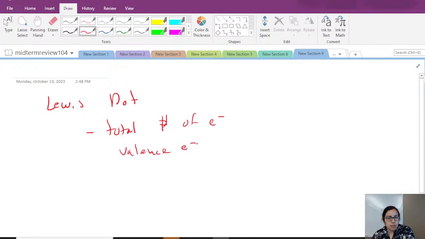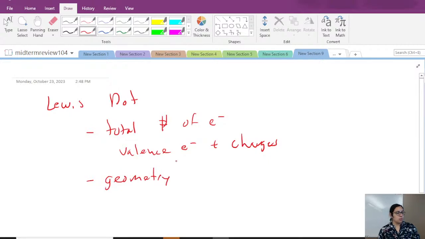Draw that out, making sure your structure shows the correct total number of electrons. And don't forget about your geometries, those basic ones that we talked about.